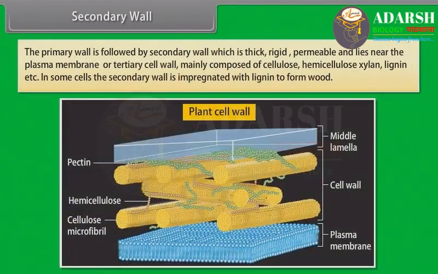Secondary wall. The primary wall is followed by secondary wall, which is thick, rigid, permeable and lies near the plasma membrane, mainly composed of cellulose, hemicellulose, xylan, lignin, etc. In some cells, the secondary wall is impregnated with lignin to form wood.